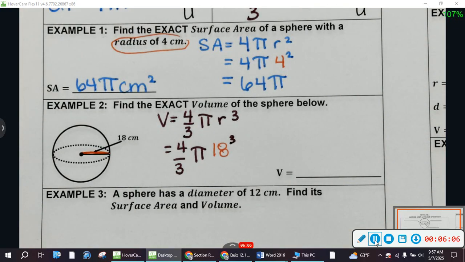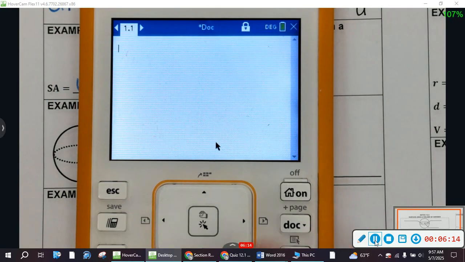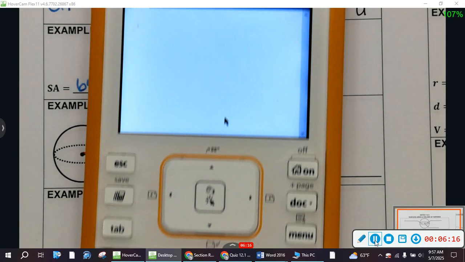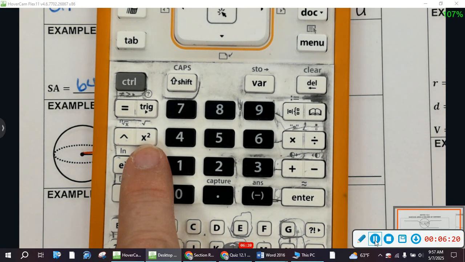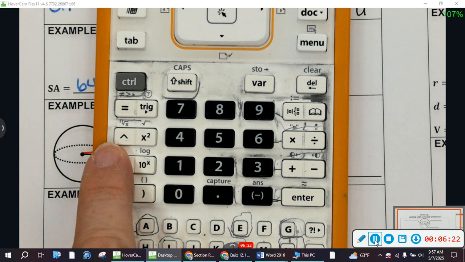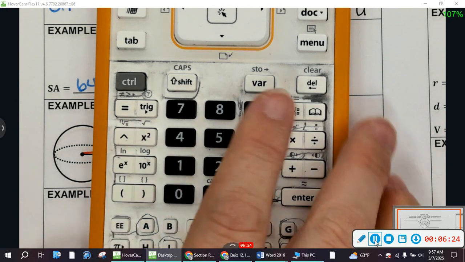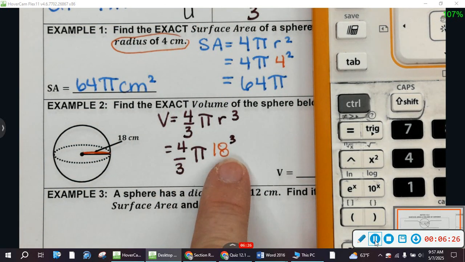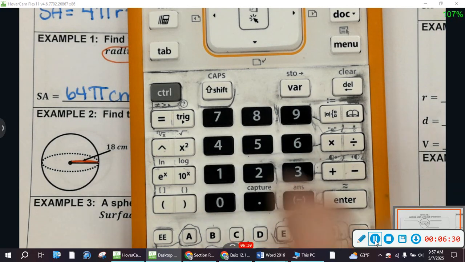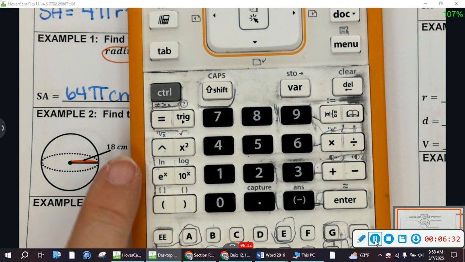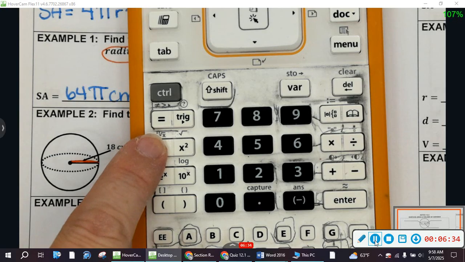So we are going to get our calculator. Down here where we have the square button, directly next to it is a little caret top. So I want to cube 18. I'm going to type in 18, and then push the caret top.